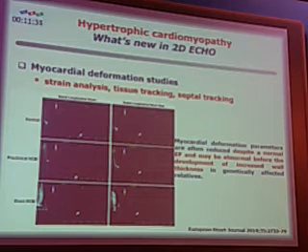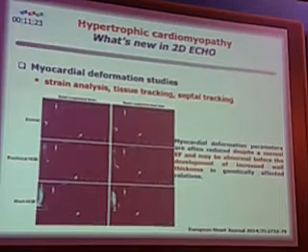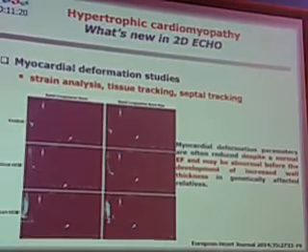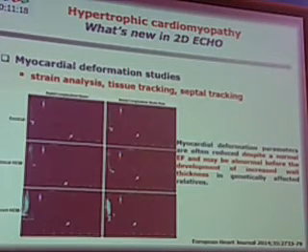What is new in the 2D echo according to our guidelines and according to the existing trials? Myocardial deformation parameters are often reduced in these patients, despite, in some cases, a normal ejection fraction. So, please, in those patients who should be evaluated properly, use strain analysis, tissue tracking, and septal tracking.